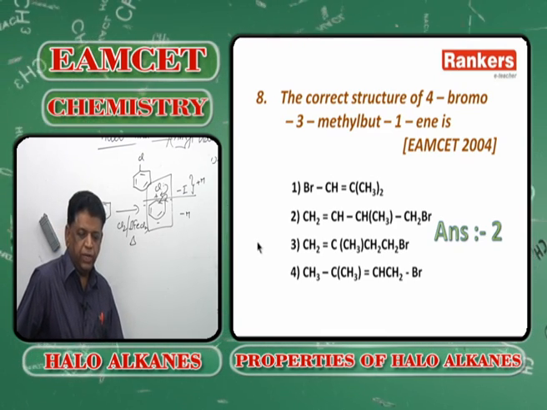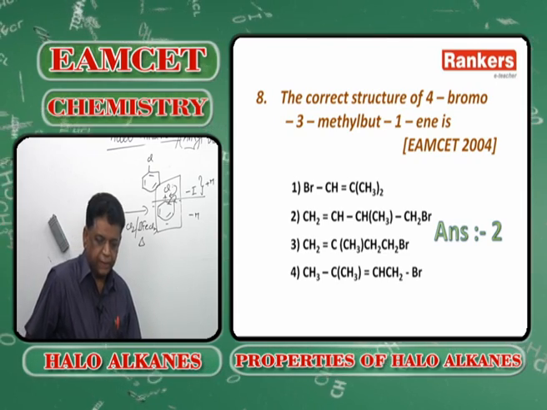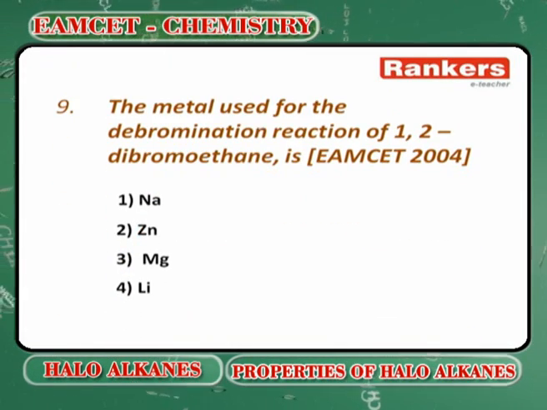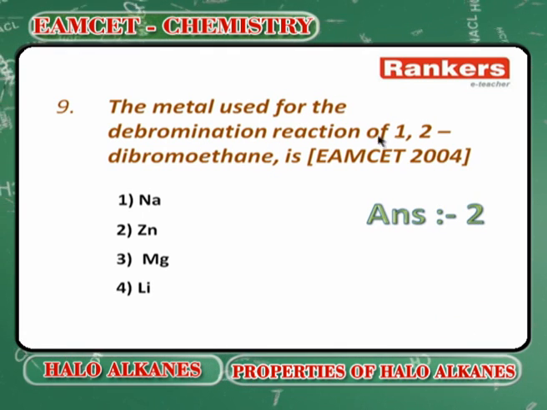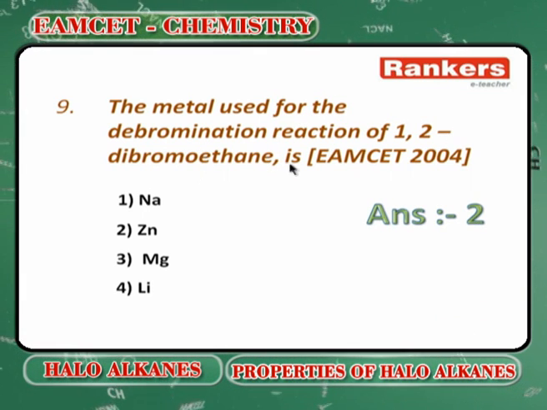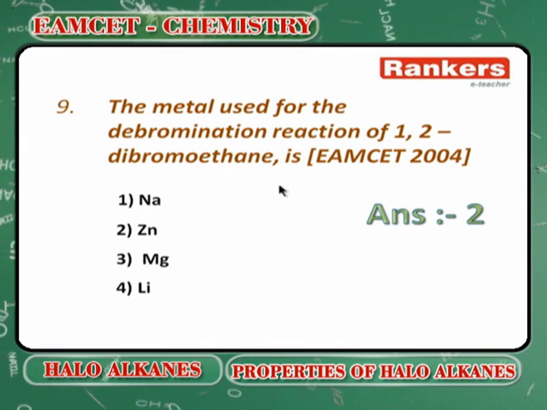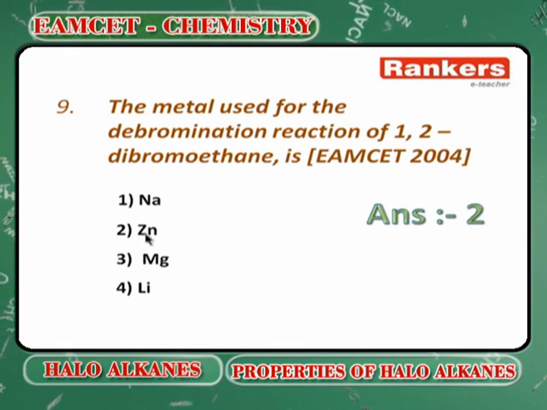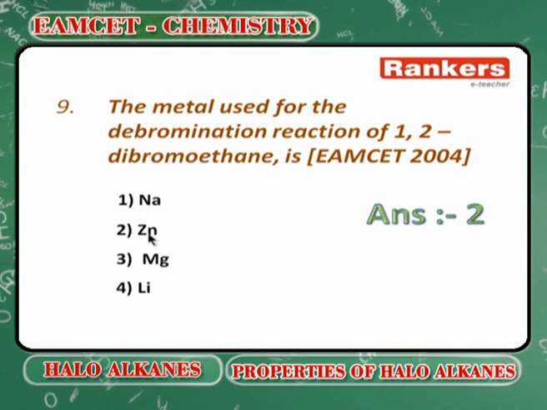So, 4-bromo 3-methyl but 1-ene goes to the second bit. Next. The metal used for the debromination reaction of 1,2-dibromoethane. For debromination of the 1,2-dibromo, zinc is used and zinc eliminates 2 bromines as zinc bromide. So, alkenes are formed. So, the second option is right.